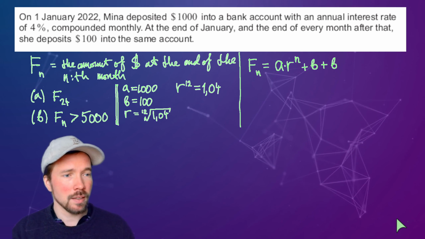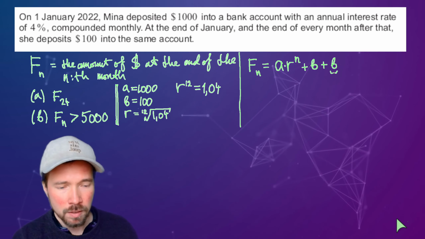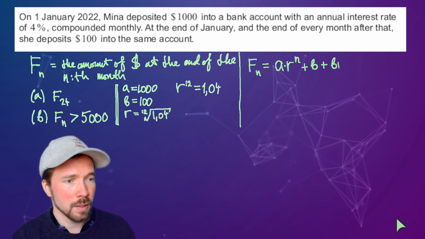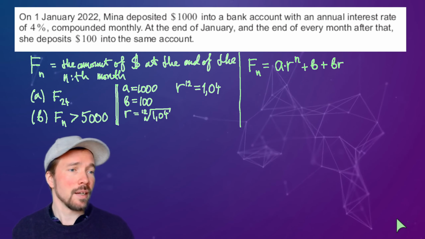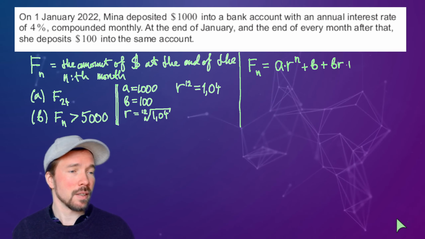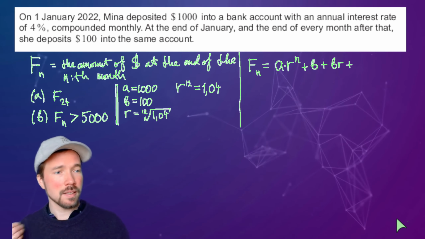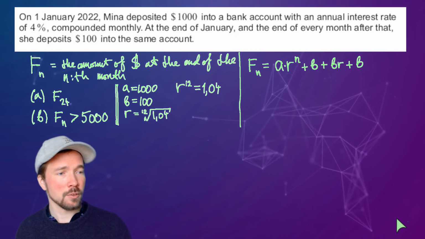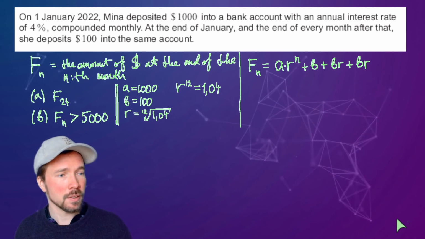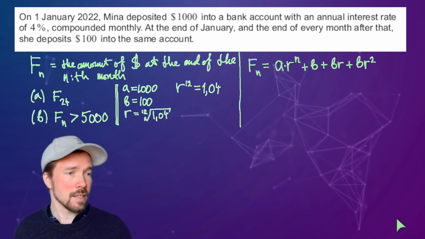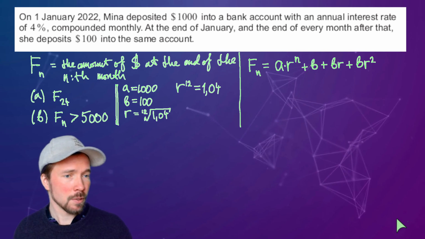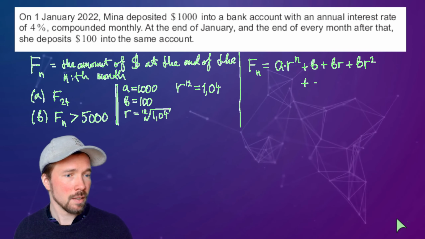But the one that we added the previous month has compounded once, so we multiplied by R. And then we have the addition we added 2 months ago, and that has compounded 2 times, etc. Let me continue on the next line.